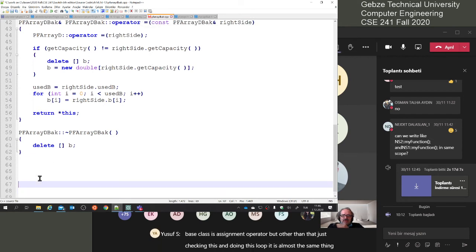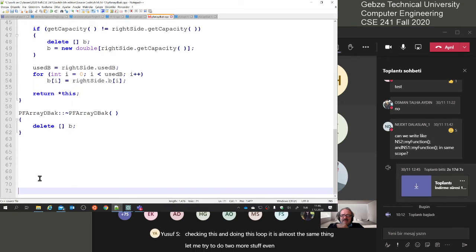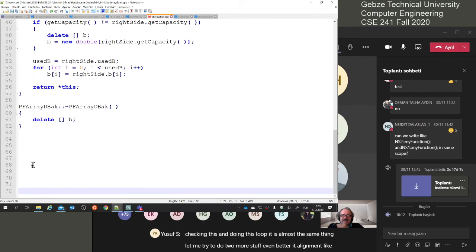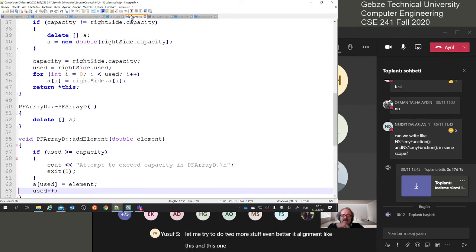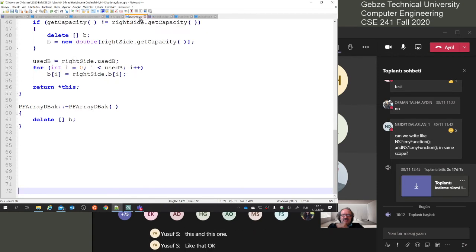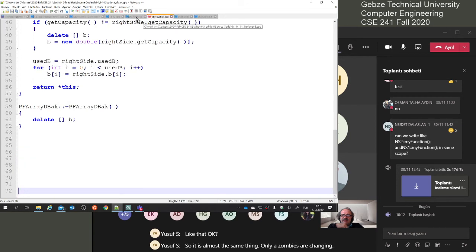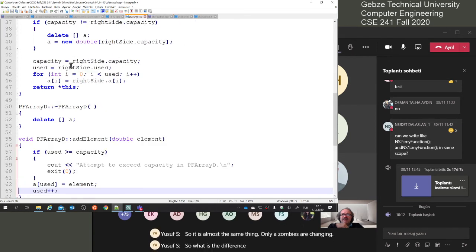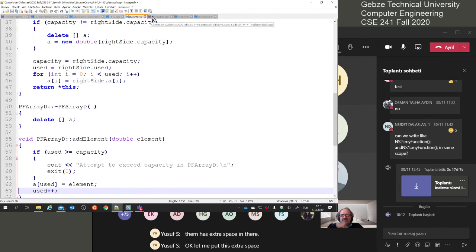Let me try to do even better alignment, like this, and this one like that. Okay, so it is almost the same thing, only A's and B's are changing. So what is the difference? Oh, okay, one of them has an extra space in there. Let me put this extra space. So it is almost the same thing.